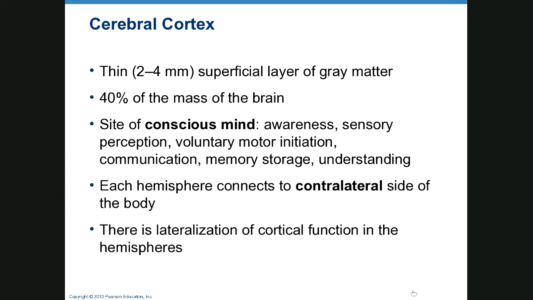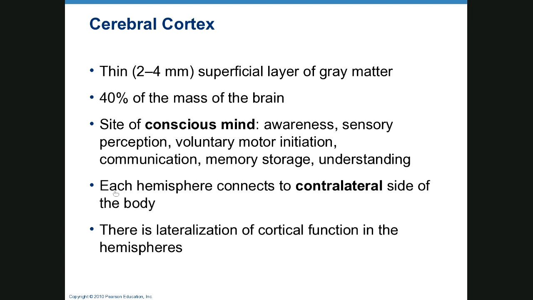Cerebral cortex has a very thin superficial layer of gray matter, 4 millimeters or so, and makes up 40% of the mass of the brain. This is where your conscious mind resides. Your awareness, sensory perception, voluntary motor initiation, communication, memory storage, understanding, everything that makes you be you is located in cerebral cortex.